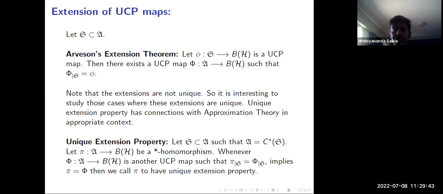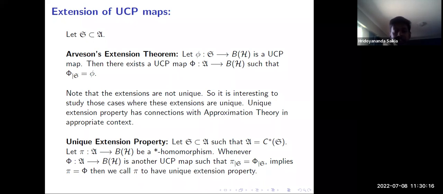We say that a star homomorphism pi from a C-star algebra A to B of H has the unique extension property if whenever capital P is any other UCP map from A to B of H such that they are equal on the operator system S, then that will imply that globally they are equal.